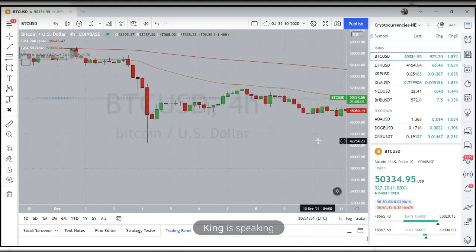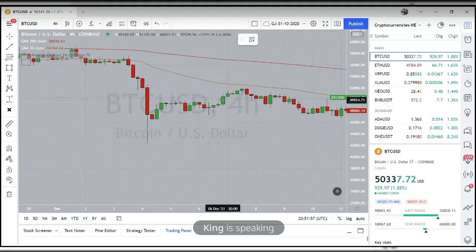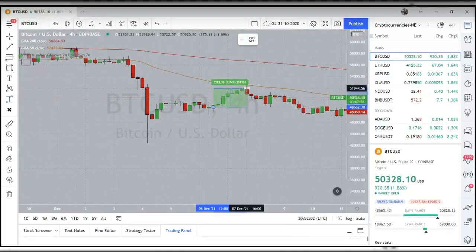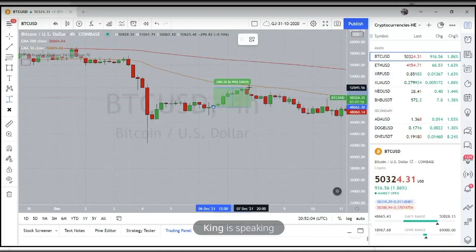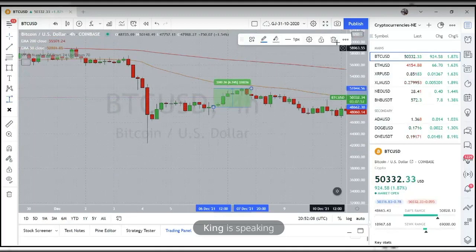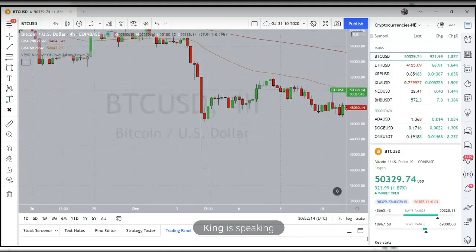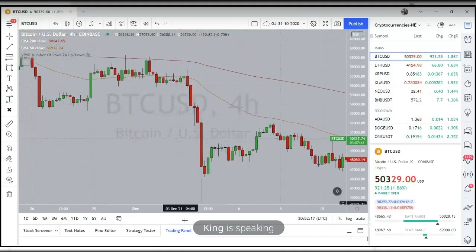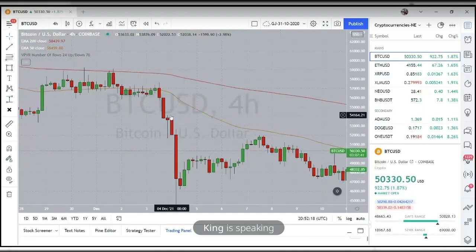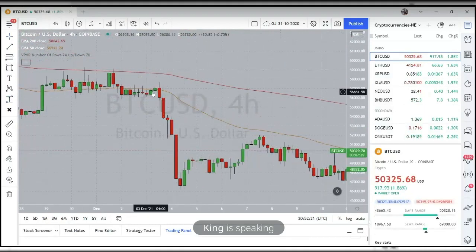But kind of got one here. After that, we had a 6 or 7% move. This one isn't really a doji, but it is a candle of indecision.